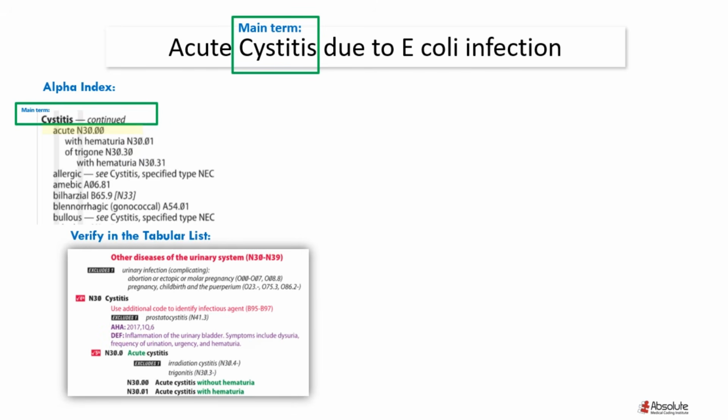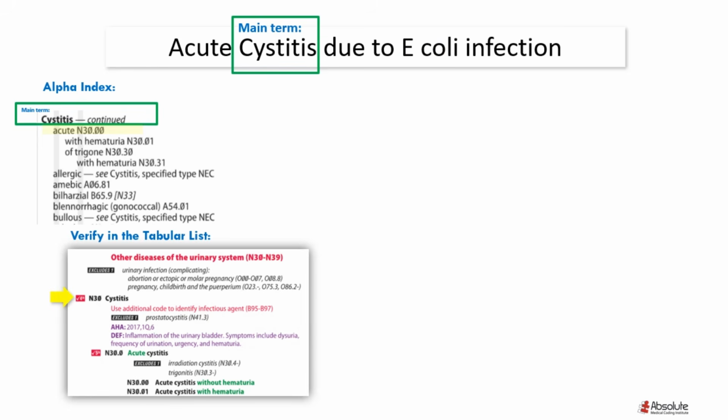And also, after I verified my N30.00, I went to the boss N30. It said this is cystitis, but this is what really told me I had to code also E. coli. It tells you use an additional code to identify the infectious agent. Well, if you didn't know, you know now. E. coli is an infectious agent.